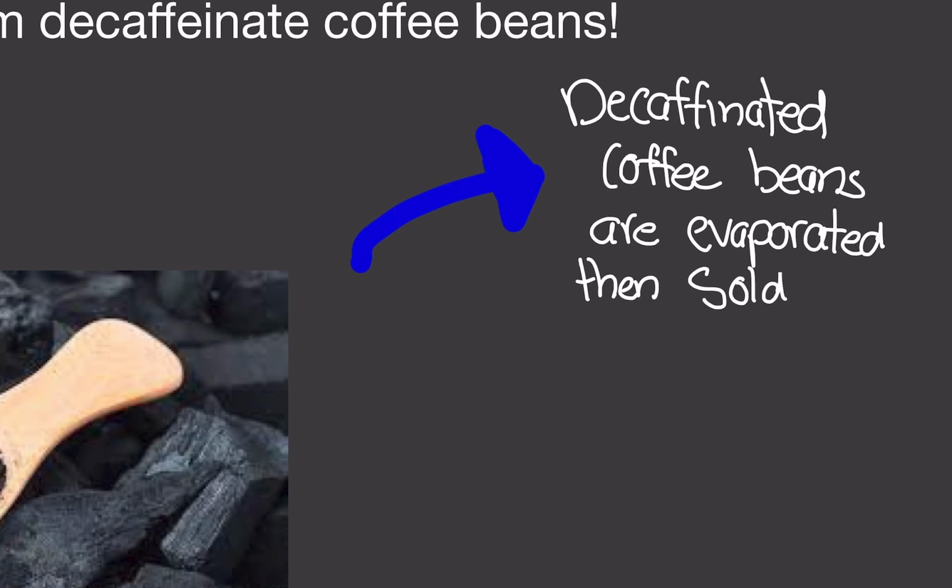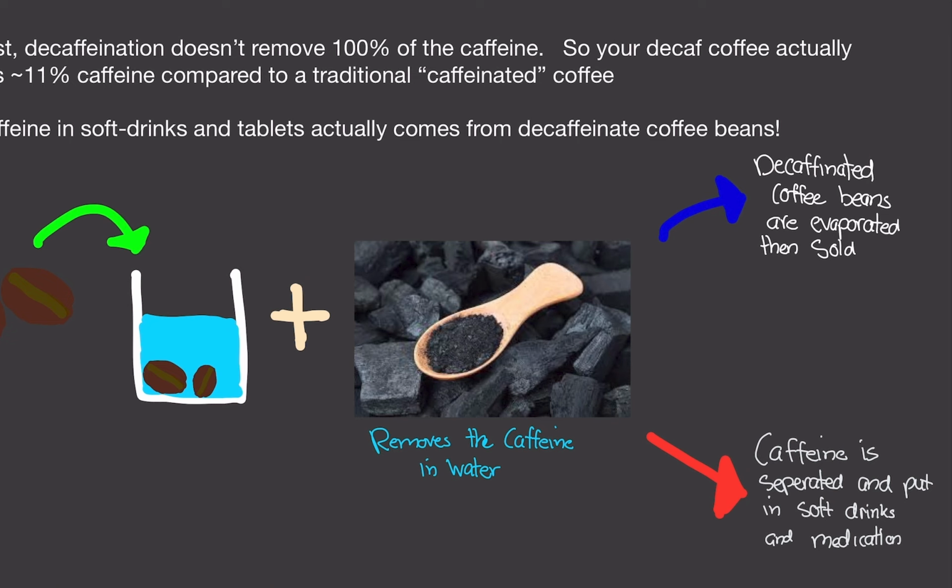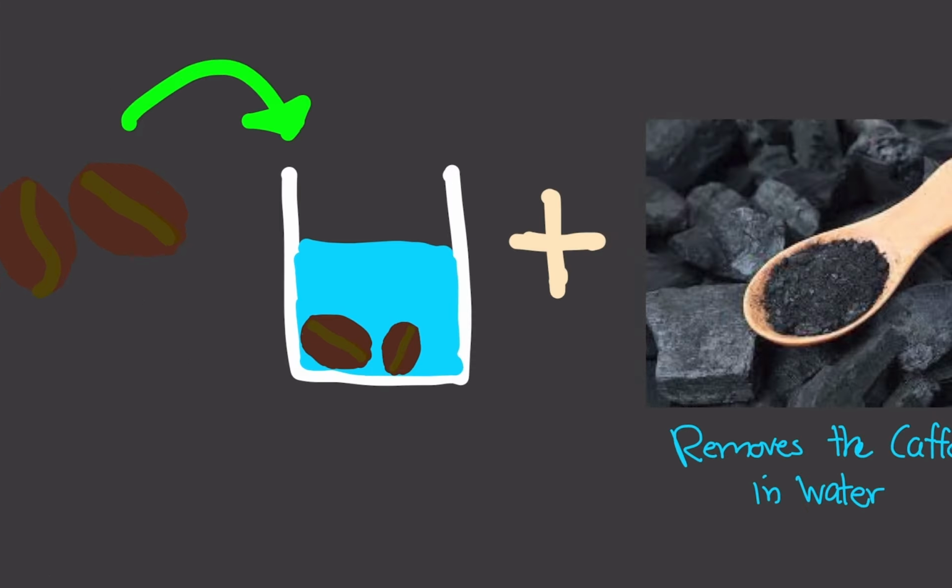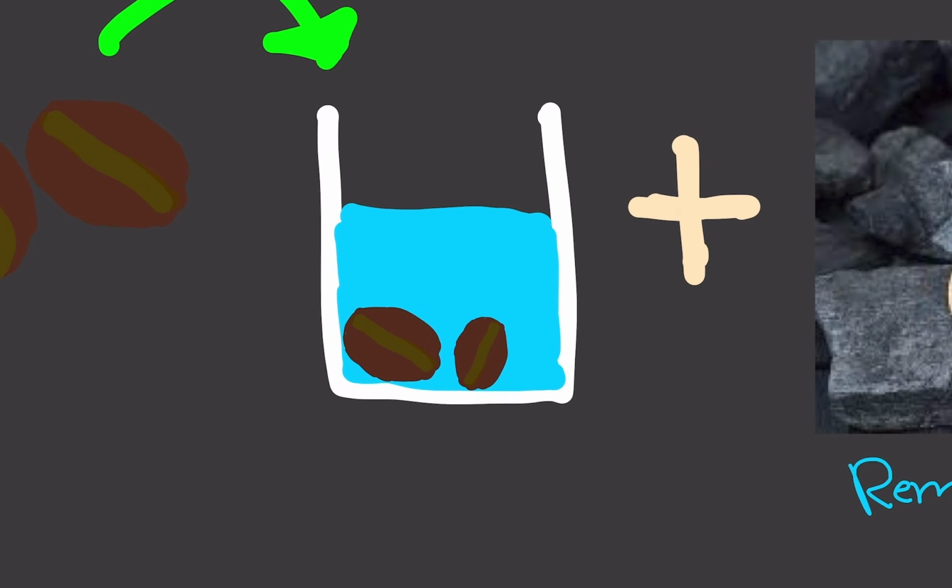Decaffeinated coffee beans are evaporated and then sold as decaffeinated coffee. So this is how it works at Starbucks or wherever. Now, the reason it's 11% in decaffeinated coffee is because when you soak the beans in water, not all the caffeine goes in the water, right? There's still some in the bean itself, and there's nothing you can do about that.